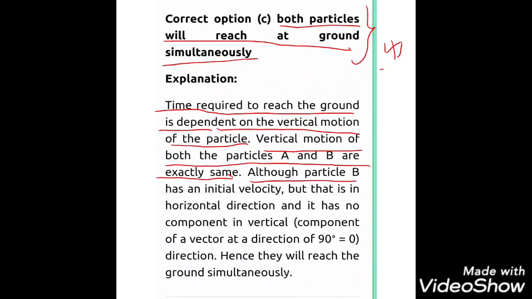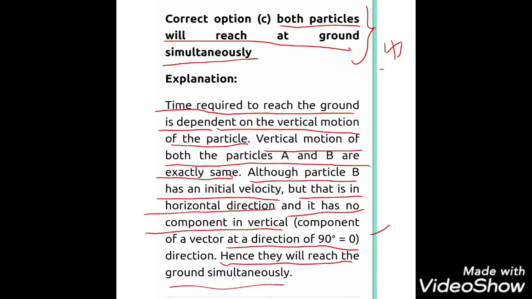Although particle B has an initial velocity, it is in the horizontal direction and has no component in the vertical direction. The component of a vector at 90 degrees is equal to 0. Hence they will reach the ground simultaneously.